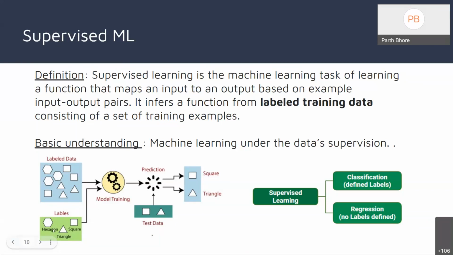This is the role of the labels. Once we have the labels, the model is trained using them, and using the model, we can predict whether it is a square or triangle or any other shape. So basically, machine learning on labeled training data is known as supervised machine learning, because the model is trained under the supervision of the labels.